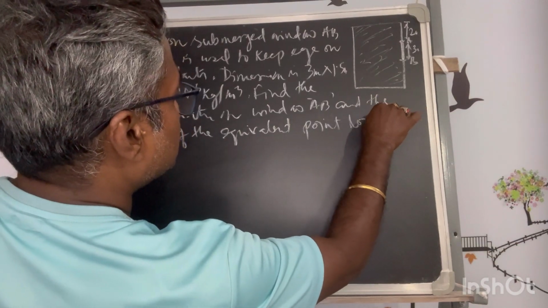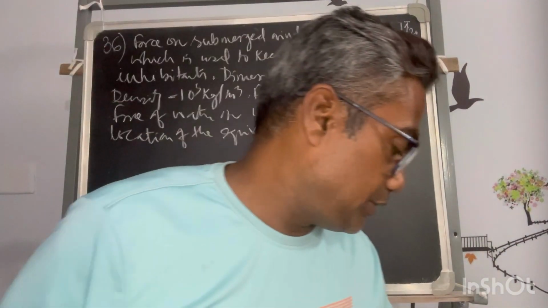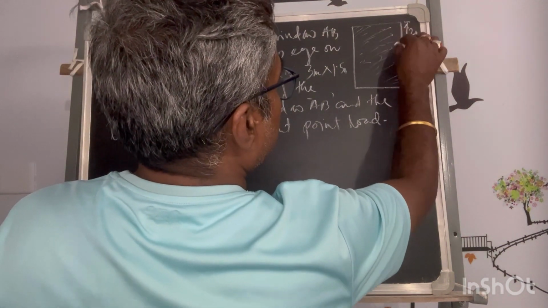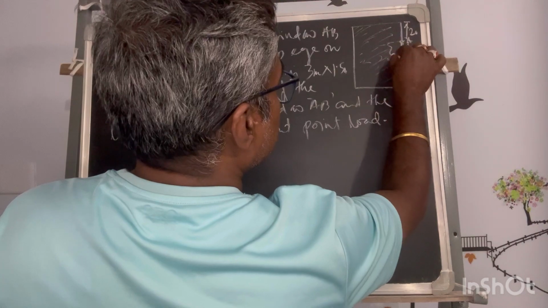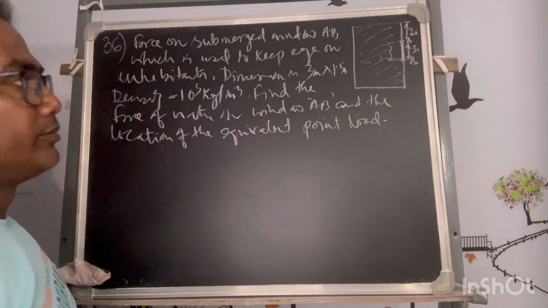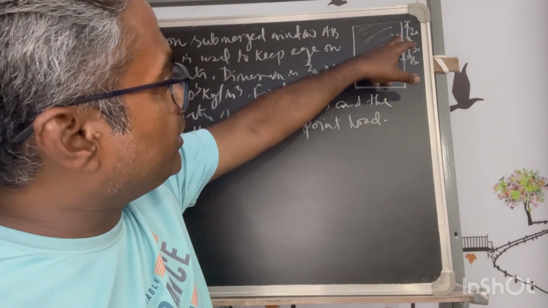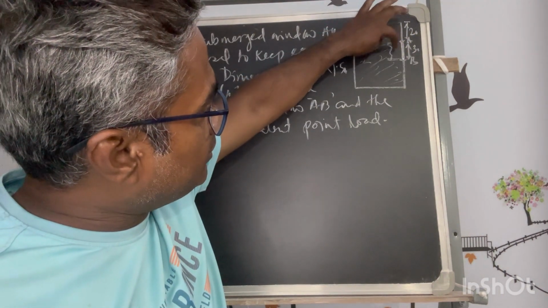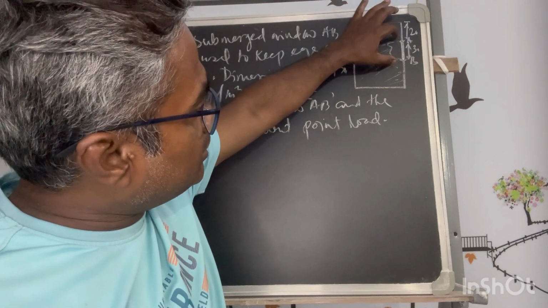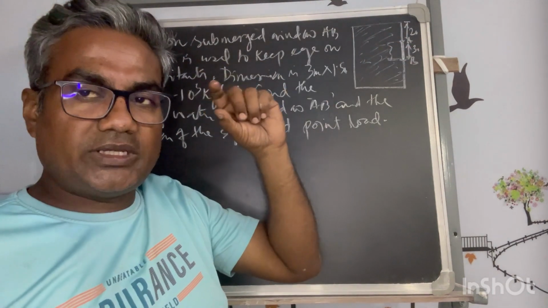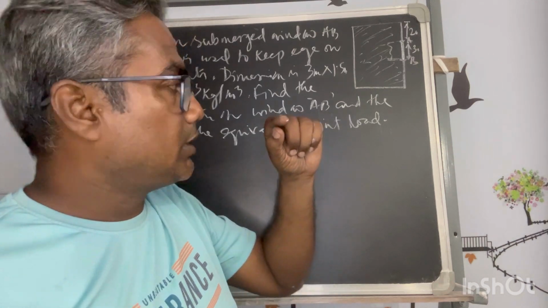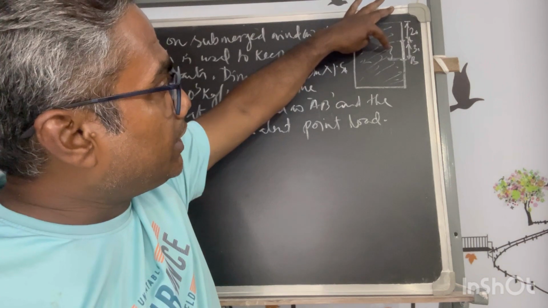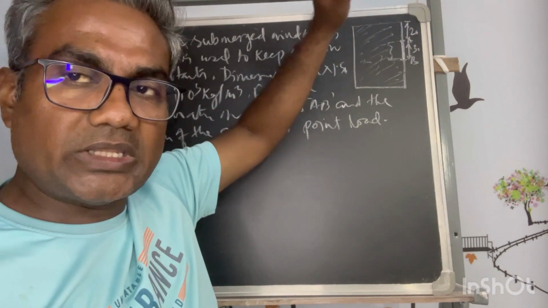So the equivalent point load means now in this window there is a force acting this much. Whatever the pressure is there, the pressure will vary due to the height of the water column from here to here, and whatever force is created on that, if I assume a concentrated force, the equivalent effect will come on the window, and at which height this is acting, that also you have to find.